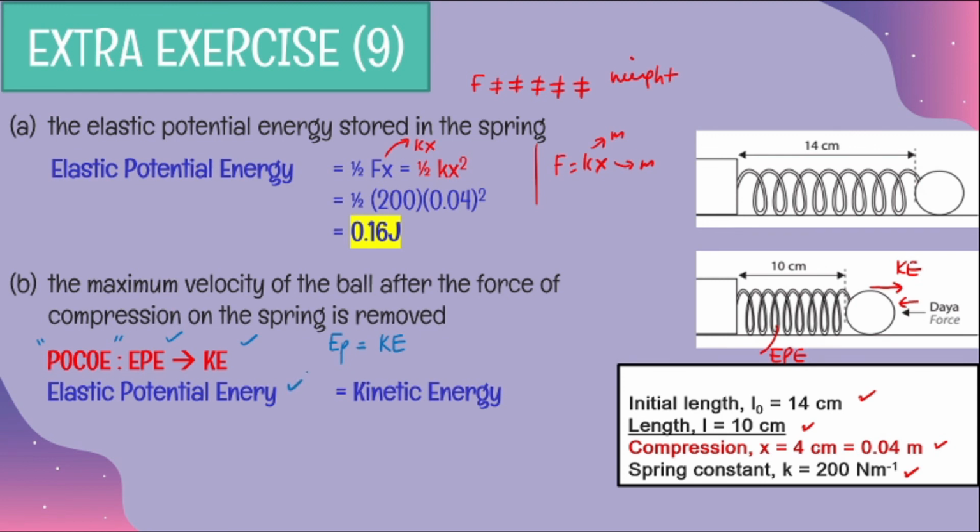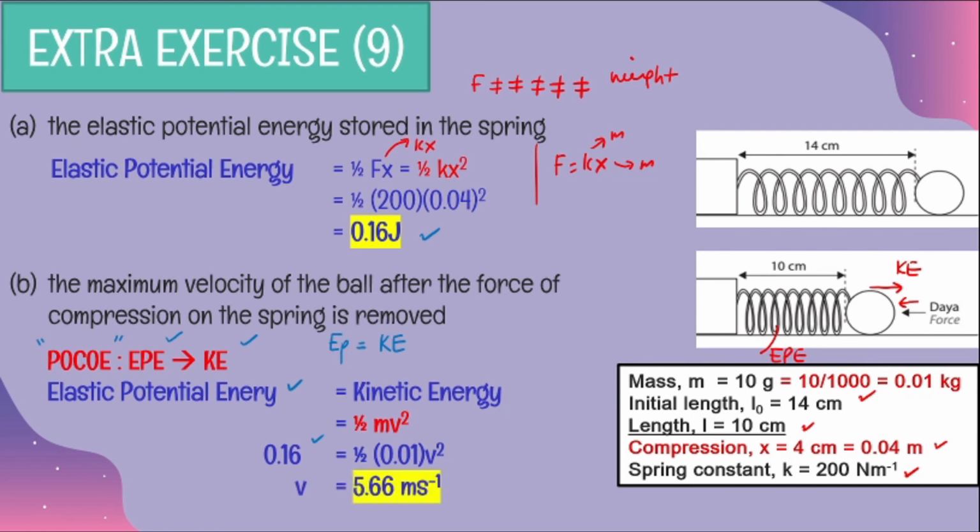EPE dah kira ke belum? Dah lah ni 0.16. Cikgu tanya tu dah pula. 0.16 dia masuk. Gantikan je. Mass ada dosa ni. Mana mass? Mass ada dosa. 10 gram convert to kilogram. Alright. Masukkan. 5.66 meter per second.